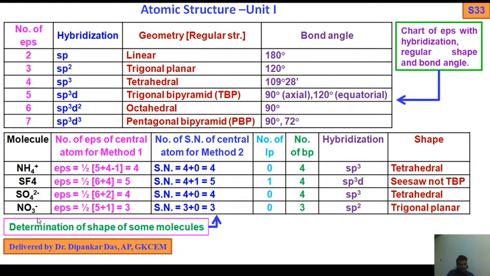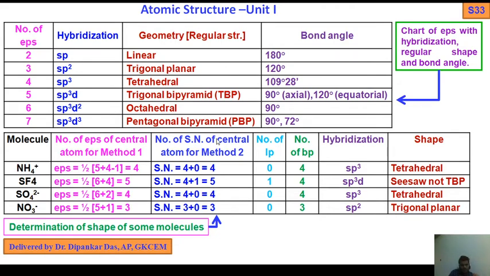Similarly, NO3 minus, nitrogen is the central element whose valence electron is 5. So 5 plus 1, oxygen is not a univalent atom. So 3 means here sp2, that is trigonal planar, and out of 3 BPs, 0 LPs, 3 NO bonds, so that's why trigonal planar structure. Okay. So that is what I have discussed.